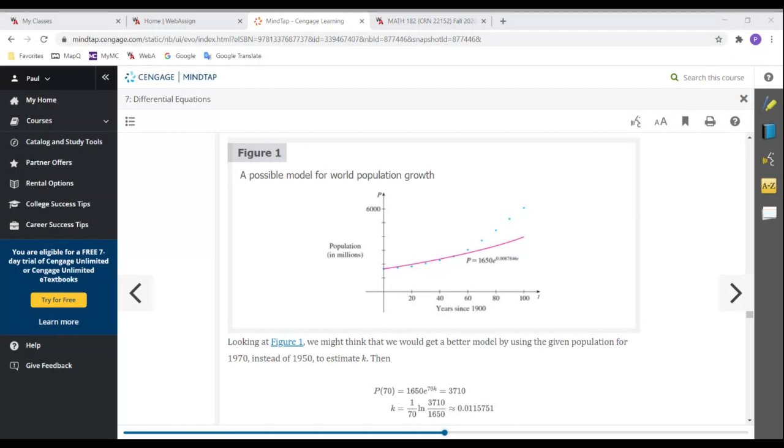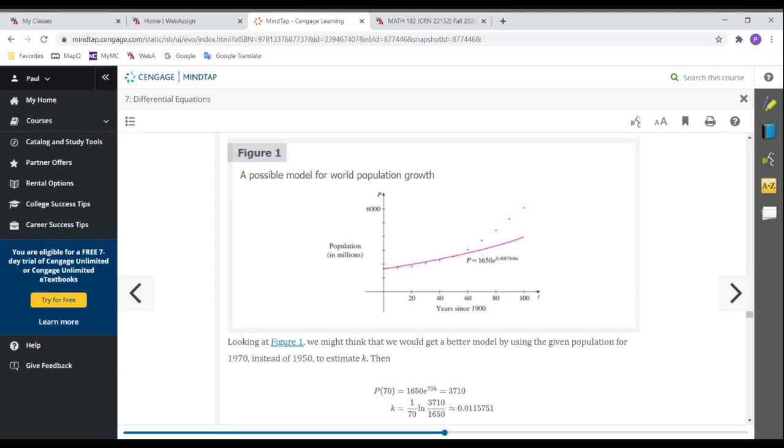Yeah, 1950 or 1960, and then it doesn't do so well. That's the thing you have to keep in mind about these models. They'll do well for a while, but they may not do well after a certain amount of time.